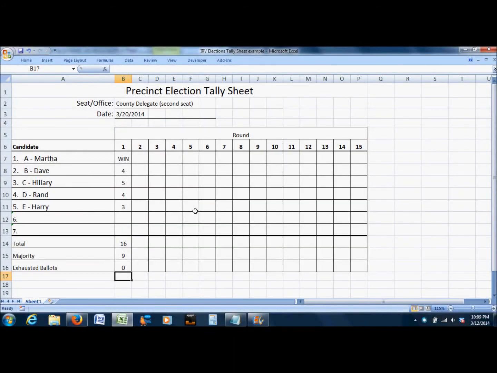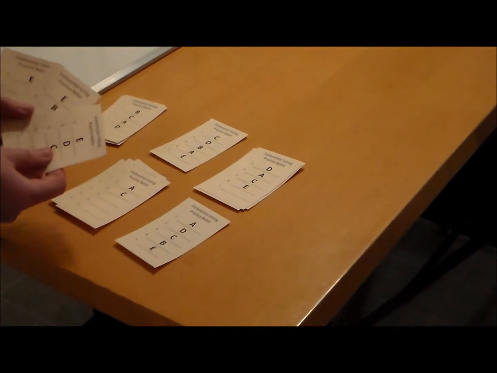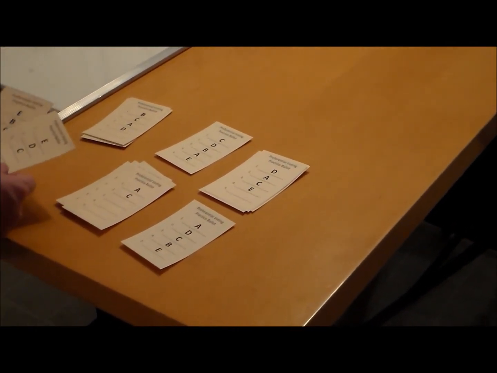So now that you've counted up the ballots for the second seat, you grab a new precinct tally sheet, label it county delegate or whatever delegate second seat, and record the results here. Candidate A1, and then you record the results just like you did for the first seat, and you're good to go. So E is eliminated, and you just take their second preference.